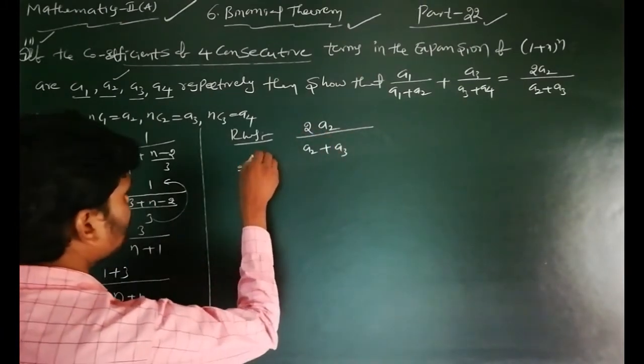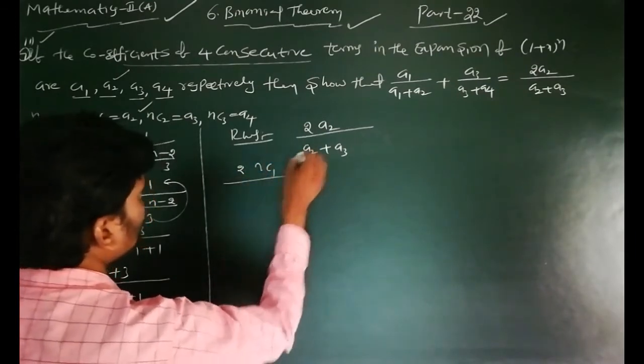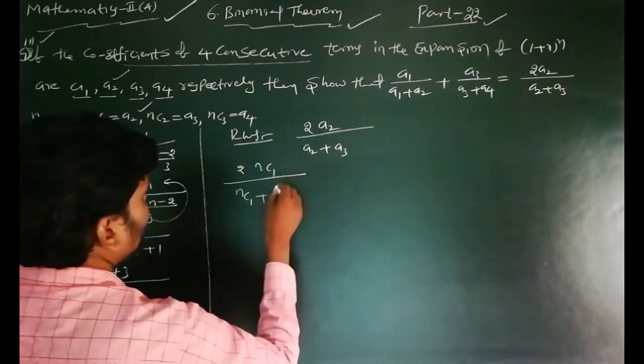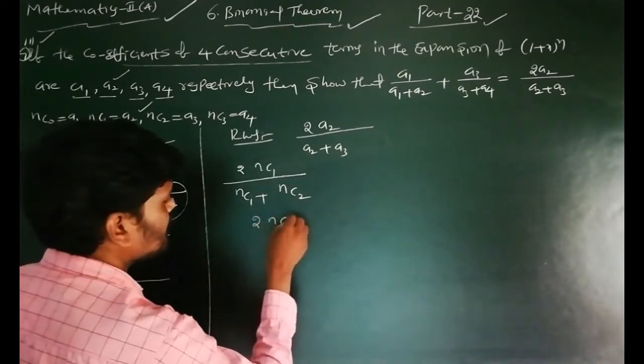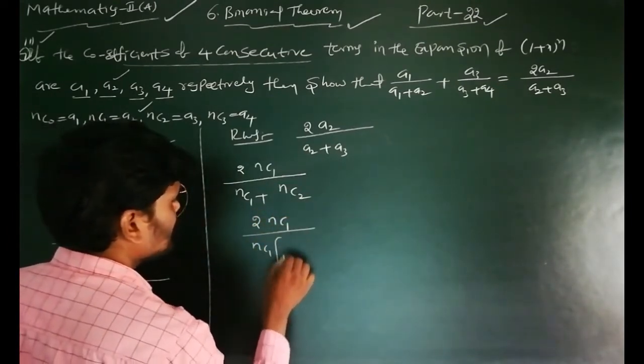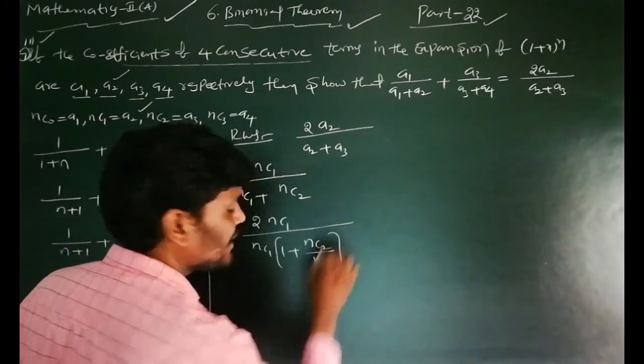RHS is 2 into a2. What is the a2 value here? nC1, a2 value is nC1, a3 value is nC2. After that, in these two terms, you can take nC1 common: 1 plus nC2/nC1.